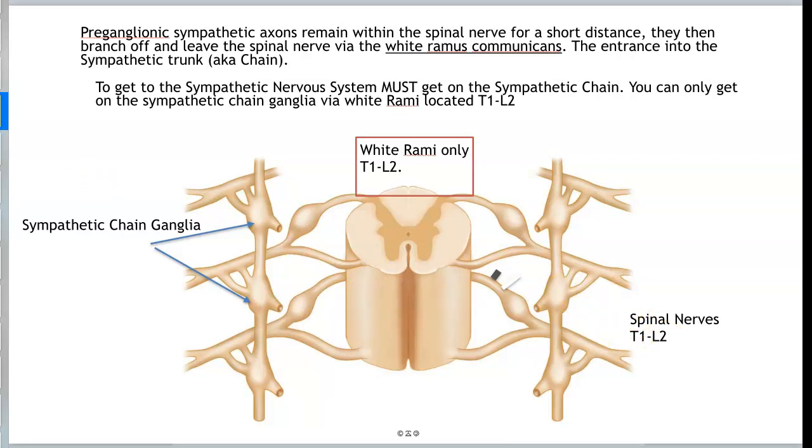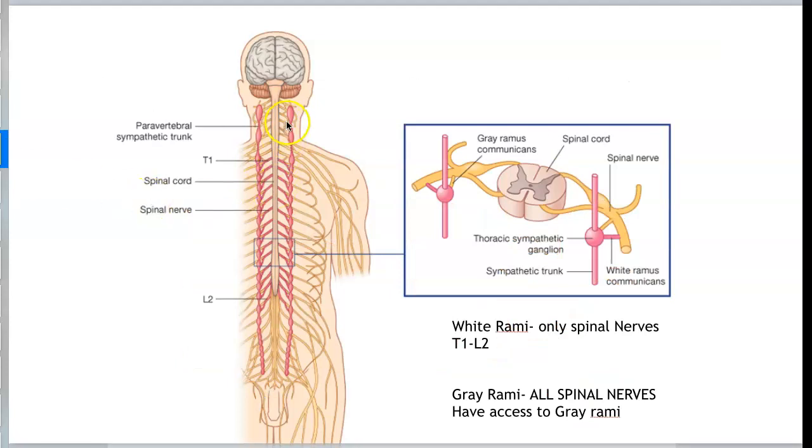Don't know if I'm explaining that right. Here's T1 through L2. This is the only place where you're going to have those white rami communicans, the only place you're going to have the access route to get on the sympathetic chain ganglia.